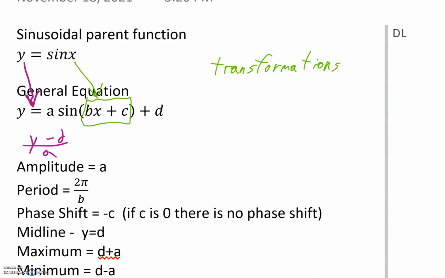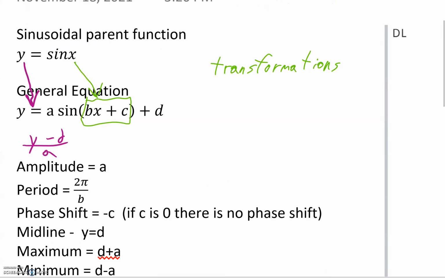It may not be obvious, but if we think about it this way, we can remember that b and c relate to our x value, and a and d relate to our y value.